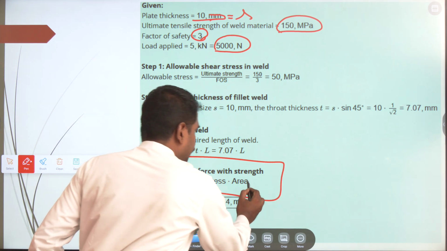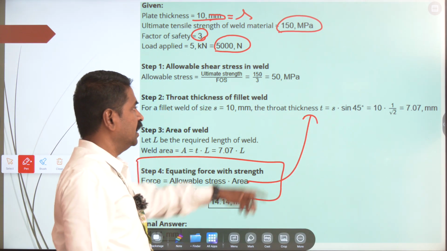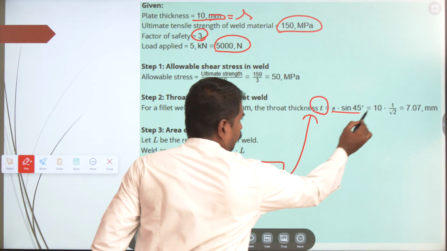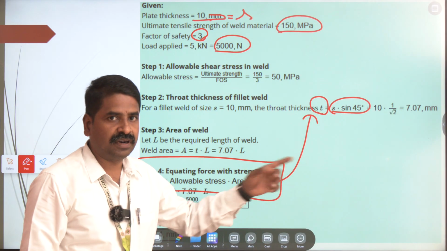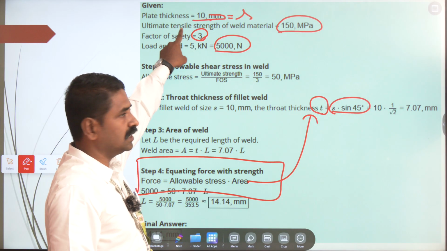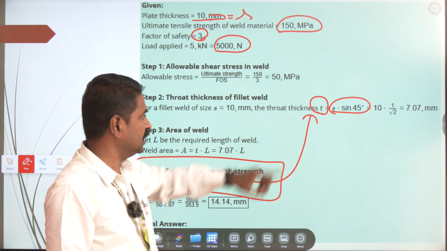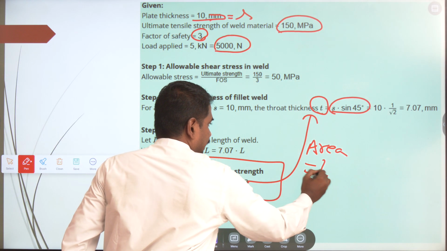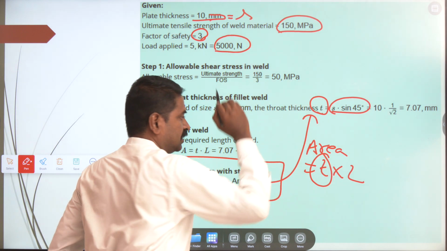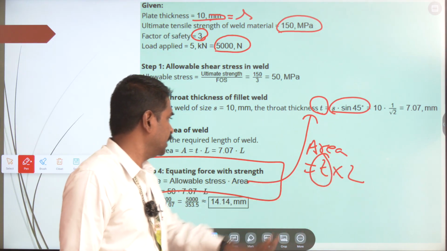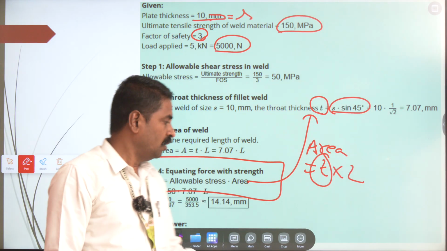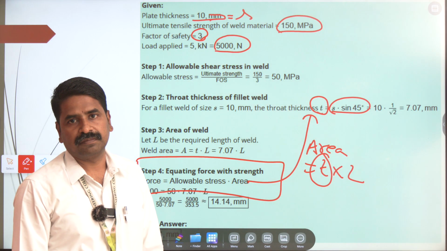First find out area using this formula. Area is nothing but throat thickness. So what is T? T is nothing but plate thickness into sine 45. Already you have plate thickness as 10 mm. Substitute and you will get throat thickness. So area is nothing but T into L. You got throat thickness, keep it as it is. You do not know L, so substitute here, you will get all the values, and the final answer is going to be 14.14 mm.